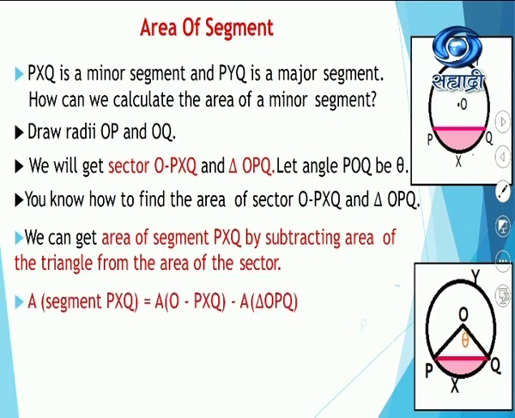Therefore, area of segment PXQ is equal to area of sector O-PXQ minus area of triangle OPQ. Now you know the formula to find out the area of the sector. Of course, yes, theta upon 360 into pi r squared, and minus you have to subtract area of triangle OPQ.